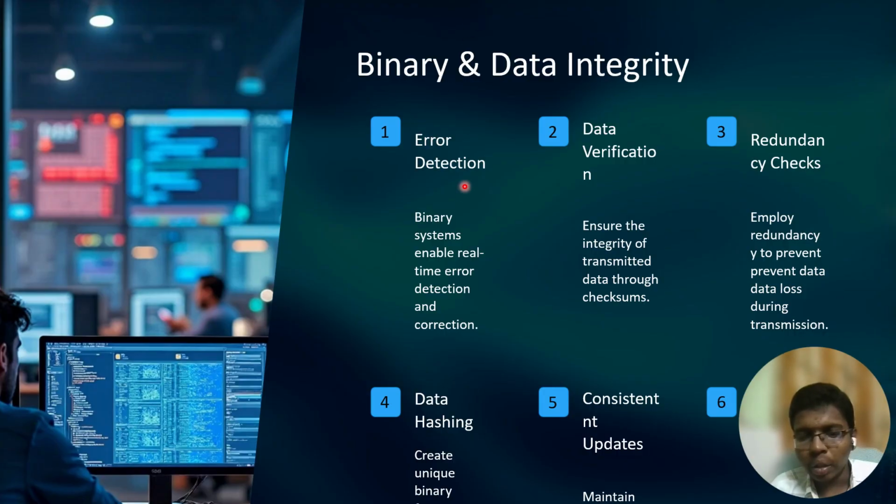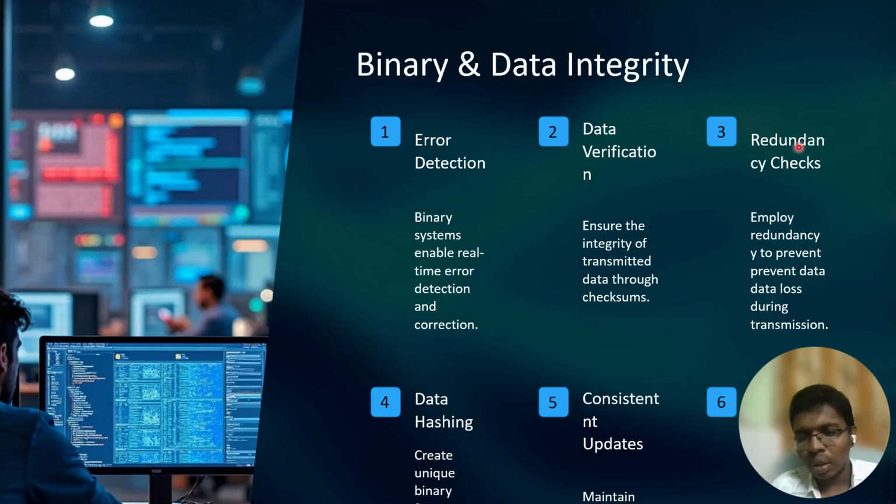Error detection means the binary system enables real-time error detection and correction. It will give errors and detections, and it will also do corrections in your binary system. Data verification ensures integrity of transmitted data through checksums.